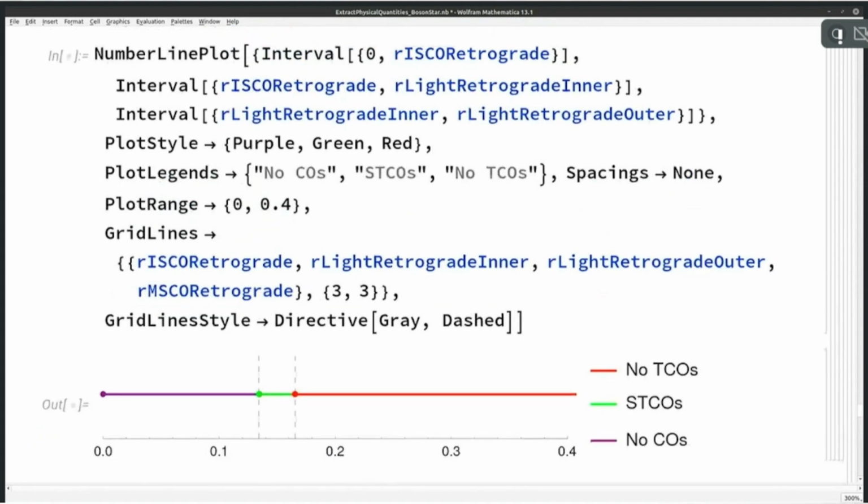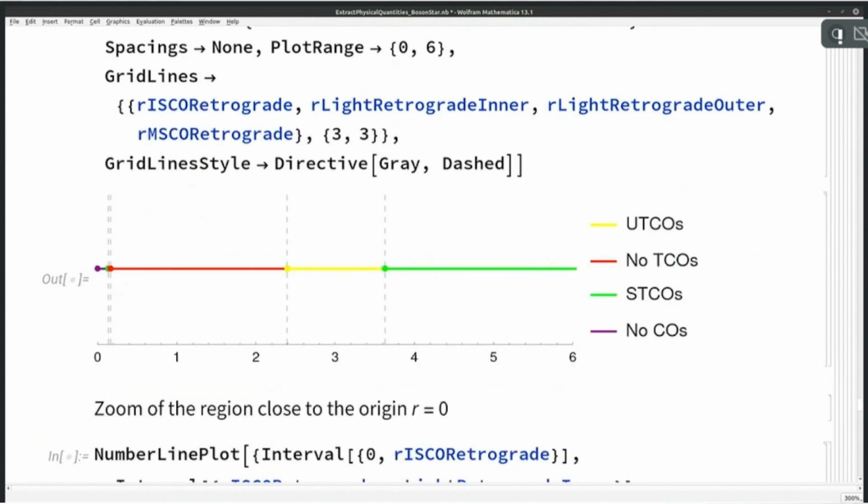You have the absolute ISCO, or the ISCO in the sense of the definition, which is this one, because it's the innermost stable circular orbit. But you also have a relative ISCO, or marginally stable circular orbit, which is this one. Here is the point where the stability changes, and that's what most people associate with ISCO, which is the usual case. But here we have these two types of special orbits.